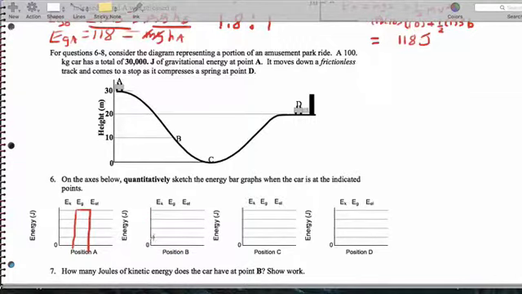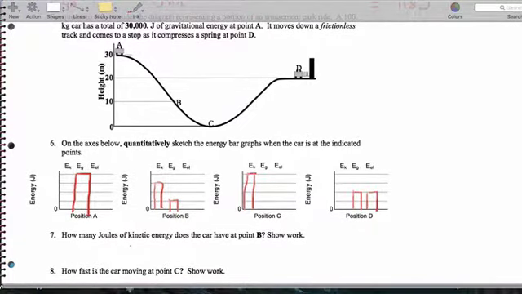Probably a better way to write this is that I've got more kinetic than gravity, so mostly kinetic, some gravity. At C, we have all kinetic energy. And then at D, we're going to have a combination of gravitational and elastic energy.